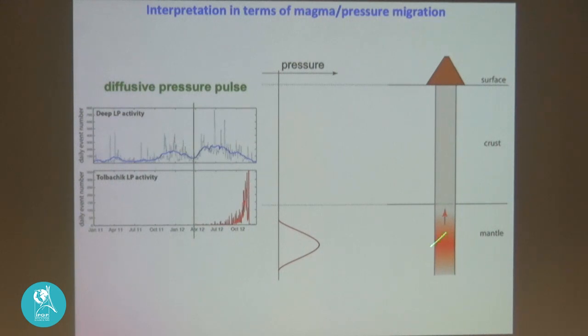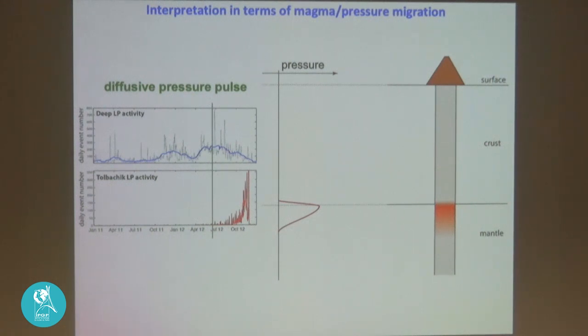Essentially, we say that this is somehow related to propagation or diffusion of pressure through some imaginary volcanic conduit. Okay, so when everything is more or less non-active, as here, we have some pressure diffusive pulse rising from the deep mantle to the surface, and then when it reaches this crust-mantle boundary, we have the maximum of activity at this level.